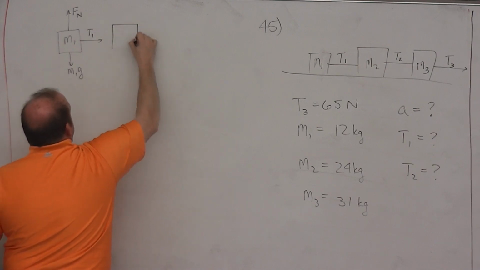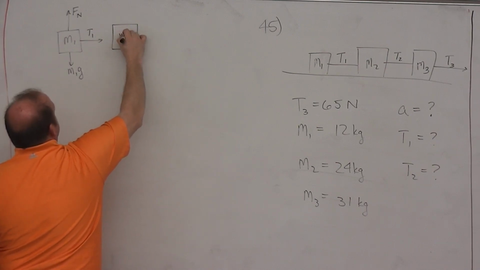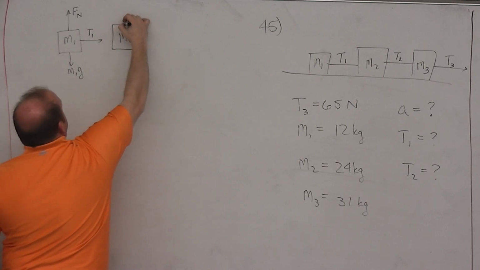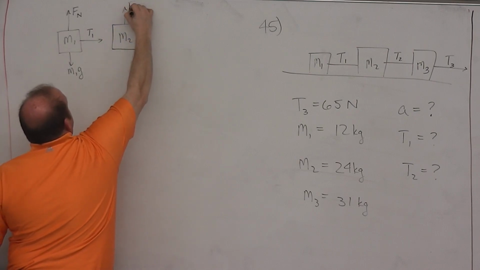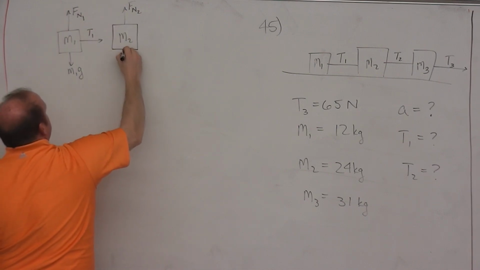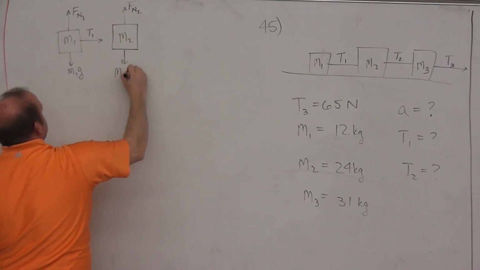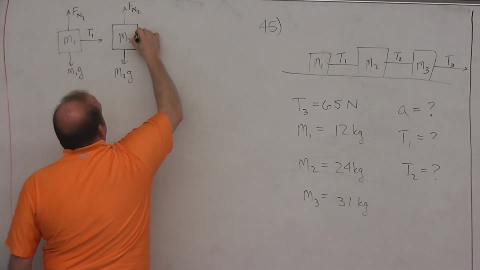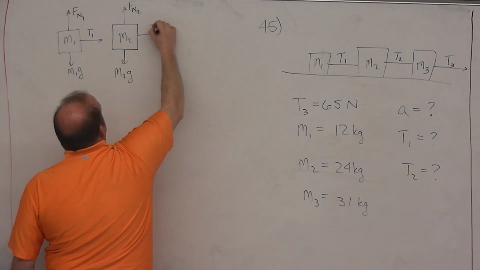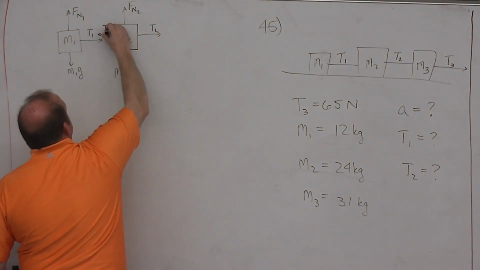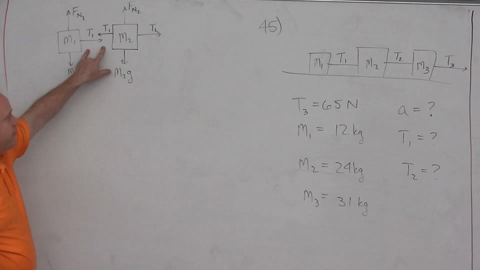Okay. Similarly, I've got M2 here. That's got normal force 2 going up, and I've got M2G going down, and I've got T2 pulling in this direction. T1, this is an example of Newton's third law.